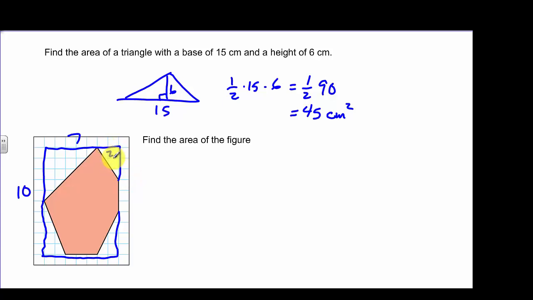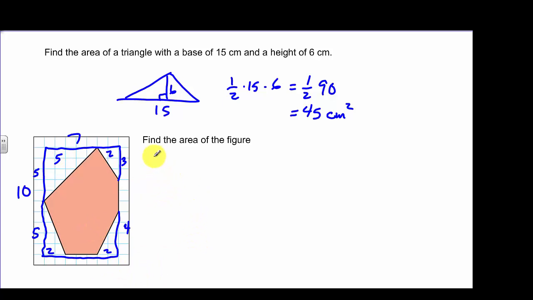I have a side of 2 followed by a side of 3, side of 1, 2, 3, 4, followed by a side of 2, side of 2, followed by a side of 1, 2, 3, 4, 5, and a side of 5, and a side of 5. So I'm going to subtract out those 4 triangles.